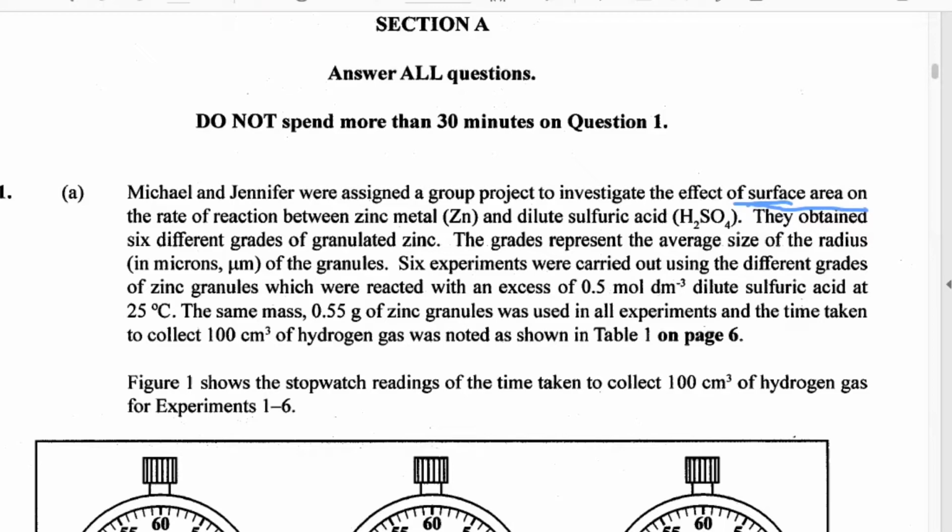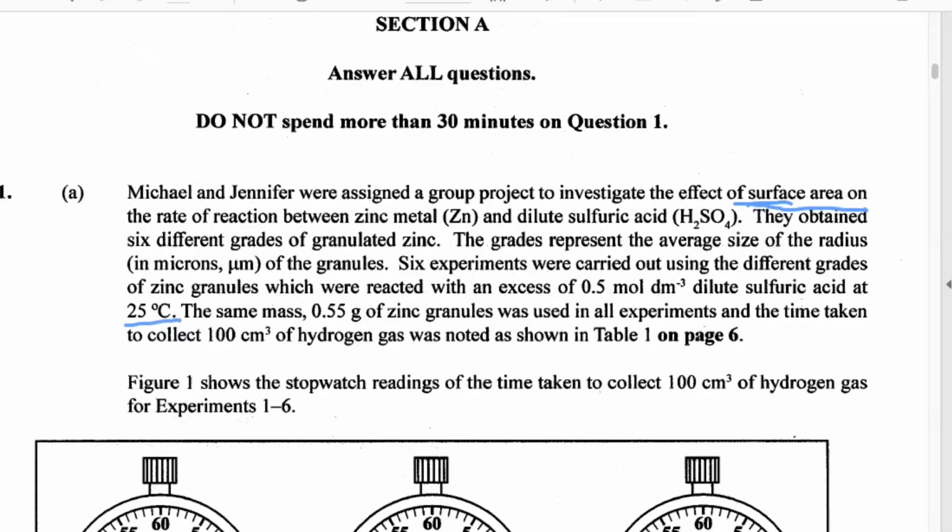6 experiments were carried out using the different grades of zinc granules, which were reacted with an excess of 0.5 moles per dm cube dilute sulfuric acid at 25 degrees Celsius. Very important: temperature is held constant and excess acid is used to ensure that all the zinc granules are used up.